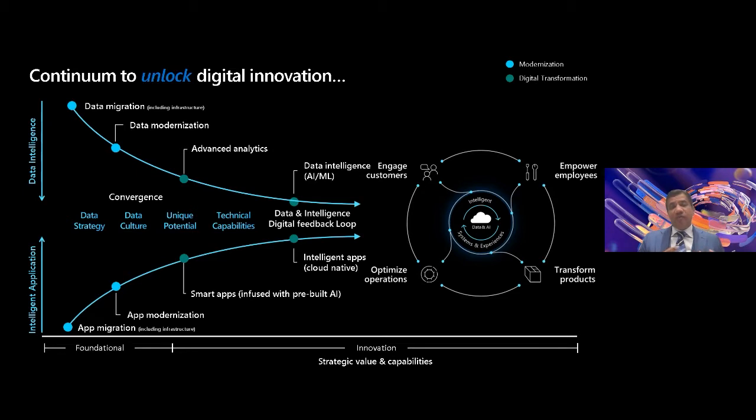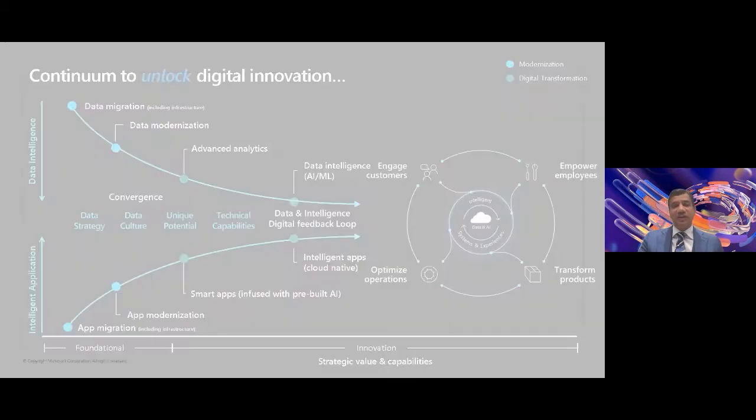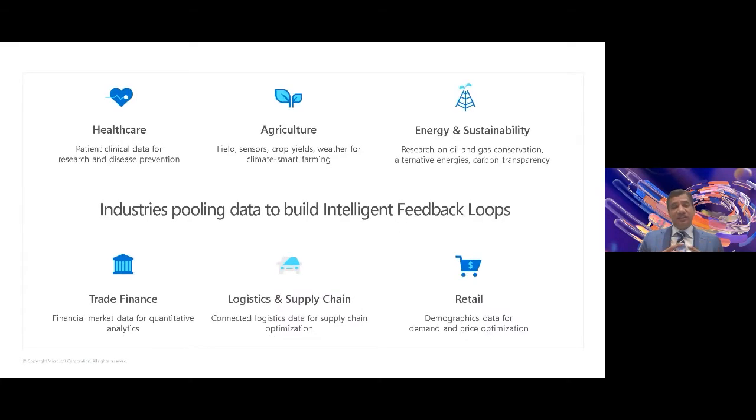Now, what we have found as a very interesting emerging trend is that as organizations use data and information to drive that digital feedback loop and unlock digital innovation, there is an increase in the way organizations think about pooling information to drive intelligent feedback loops.